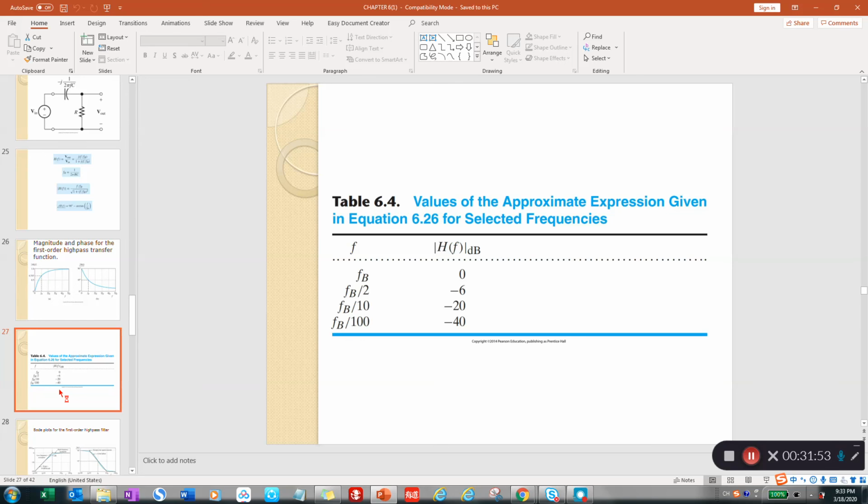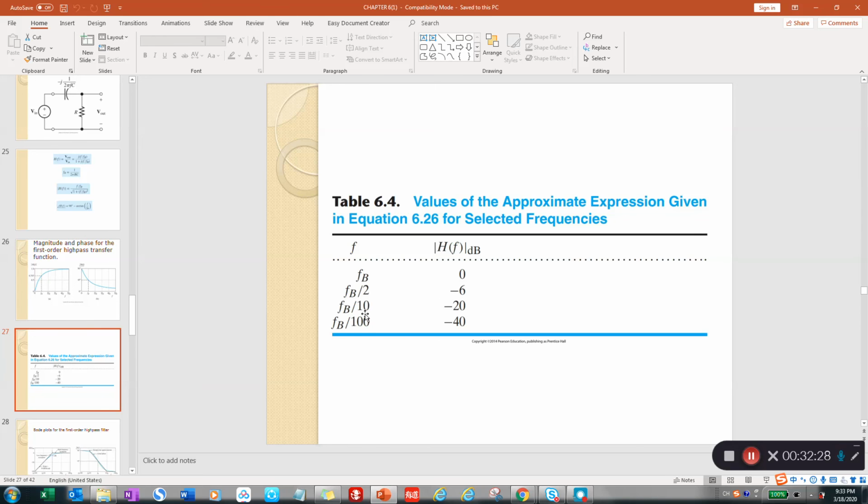So if we want to draw the Bode plot, we know we are going to use the amplitude in dB. So we should know the corresponding values. If f equals fb, the amplitude in dB is in fact -3, but we can use 0 to represent that. If fb divided by 2 is our frequency, then the amplitude in dB will be -6.